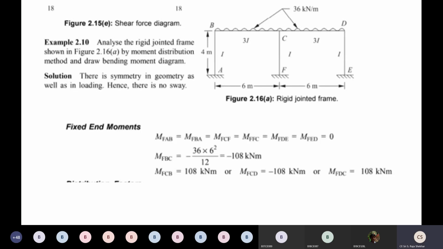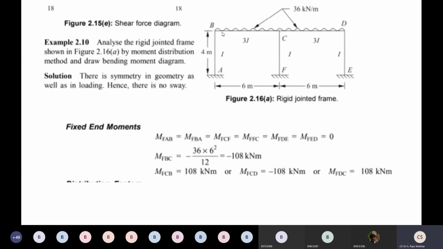So that's why fixed end moments for those members are zero. Now we have fixed end moments only for the members BC and CD. That means we'll get MFBC, MFCB, MFCD, MFDC. First, we'll calculate MFBC. For the BC member, uniformly distributed load is acting. How to calculate fixed end moment? The formula is WL square by 12.